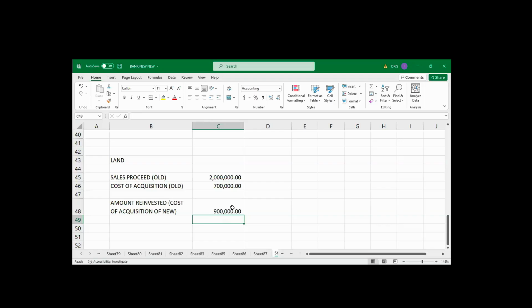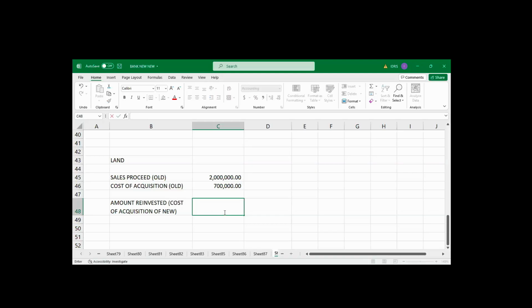Partial rollover. Why is it partial? Because the amount invested is less than the sales proceeds, but higher than the cost of acquisition of old assets.